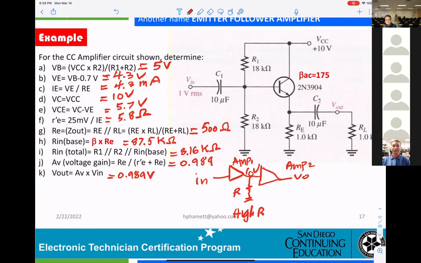And the simple thing is, if you want to calculate the output impedance, you can say R big E parallel RL, easy to memorize. And the voltage gain for the common collector is maximum equal to 1.